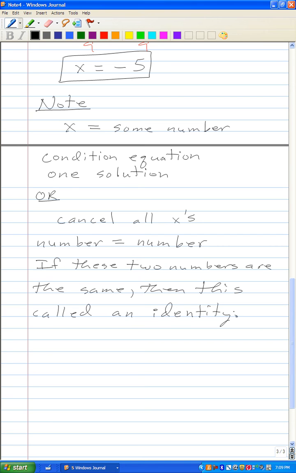So equations of that type are called identities.